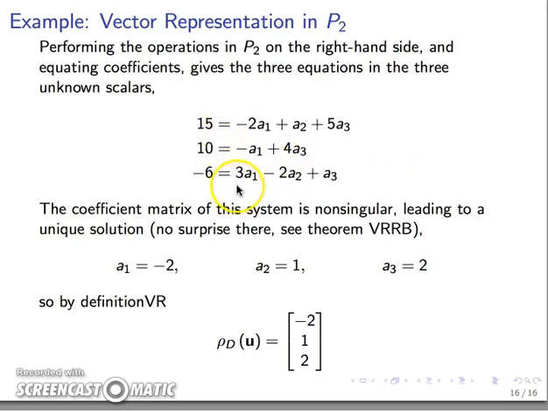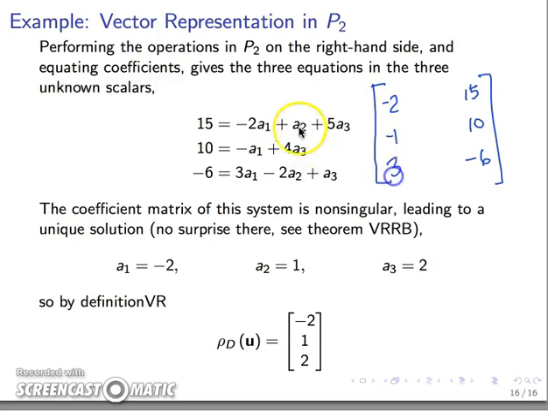We could form the augmented matrix, right? This is something in which we would have the last column would be 15, 10, and minus 6. But then the other columns now have first column minus 2, minus 1, 3, 1.